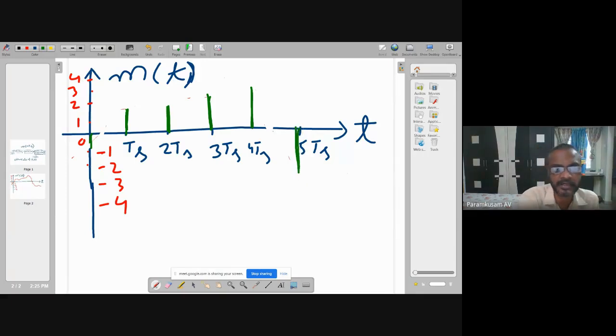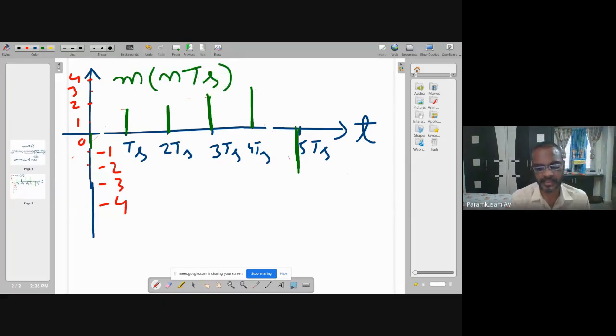So this signal is not m of t, but you can write m of nTs, and the x-axis is not t but n. Suppose n is equal to 0, then you substitute n equal to 0, you get m of 0.